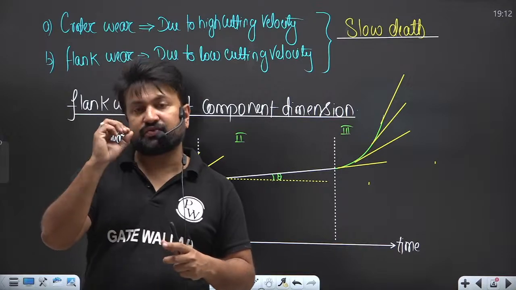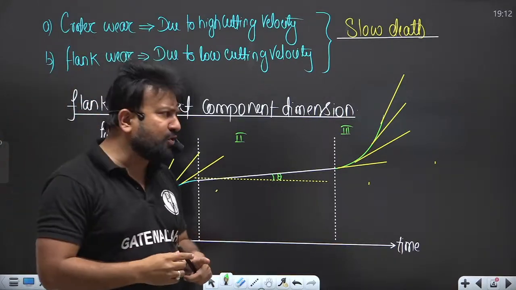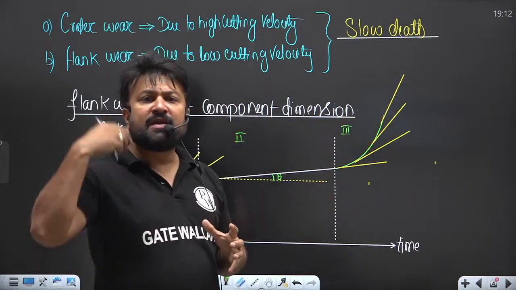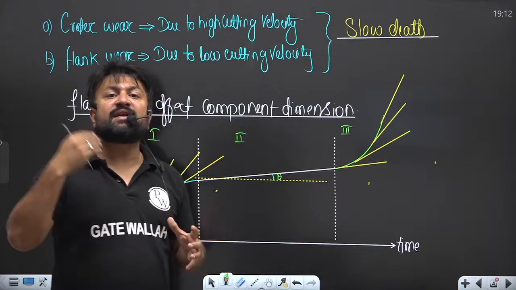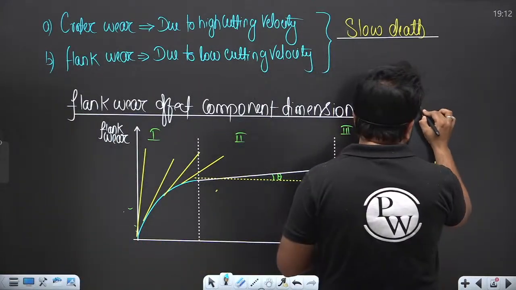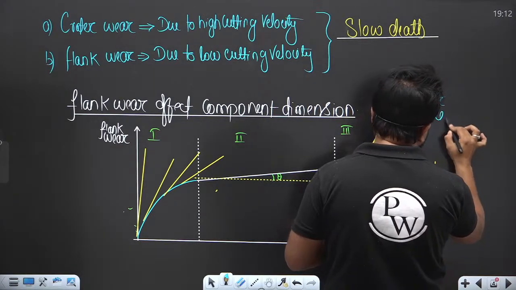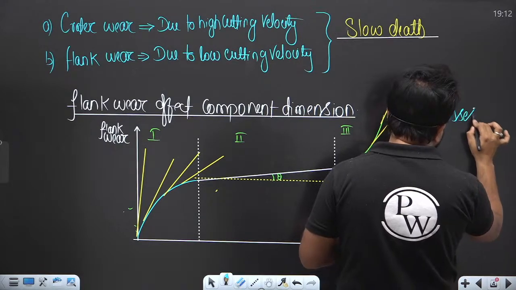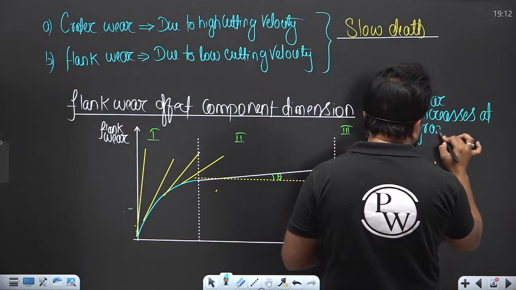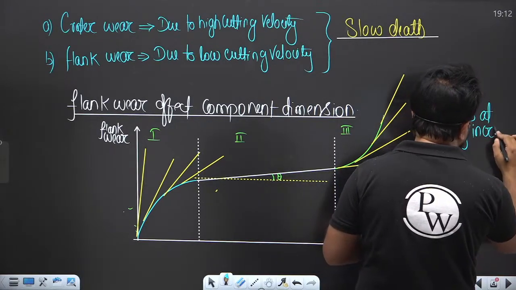In the tertiary wear zone, the wear progresses at a gradually increasing rate. Here you can see that the wear increases at a gradually increasing rate.